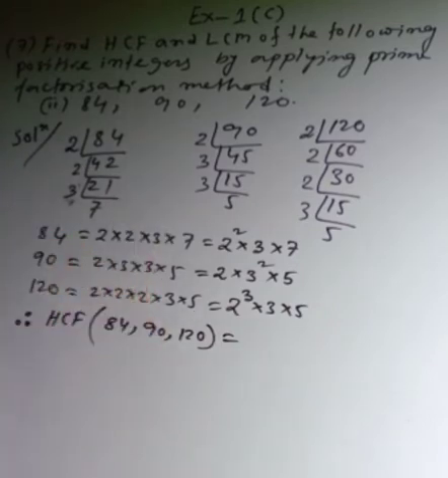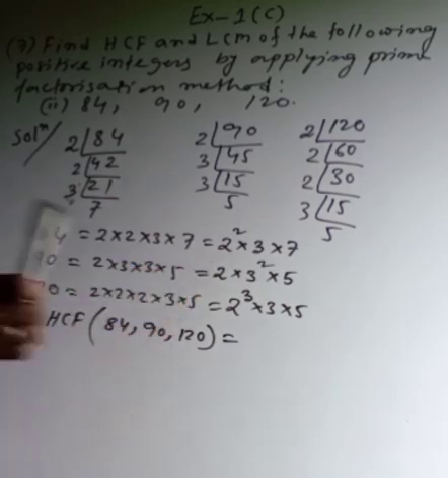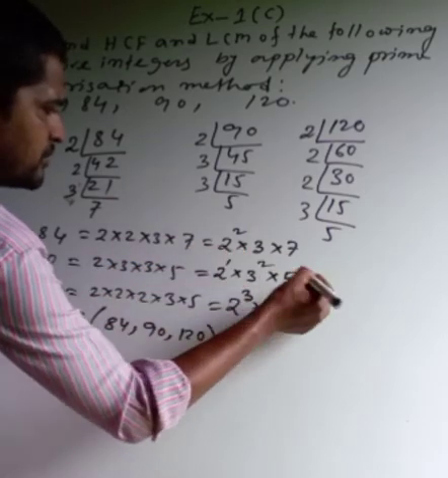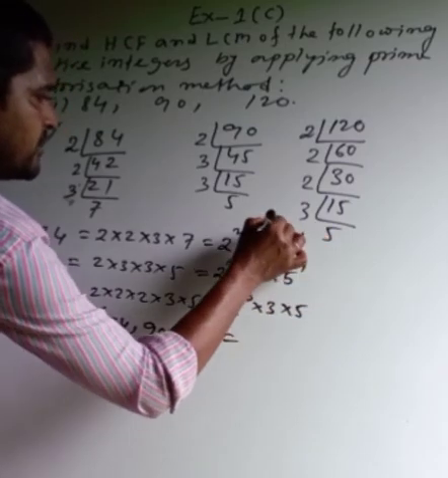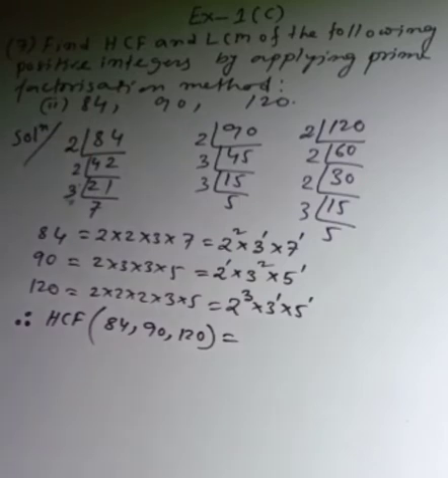We have to see the common factors with the least powers. Least means what? Here 2 square, here 2 to the power nothing, which means 1, and here 2 cube.